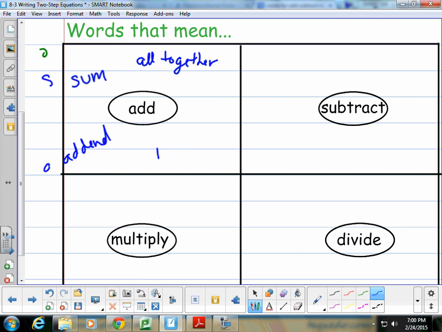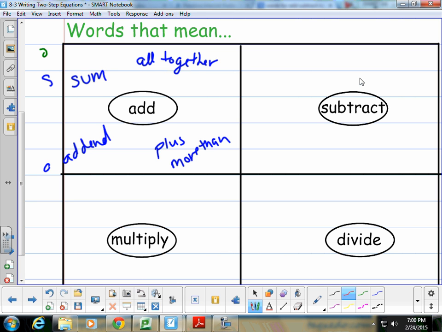Let's see what else. Just the word plus. Saying the words more than. Anything else you want to fill in is good too, and bring some thoughts to share, or as things come up that you read, maybe you'll recognize some key phrases as well.